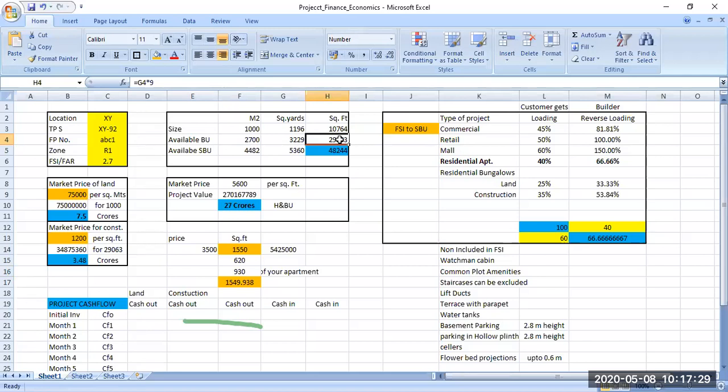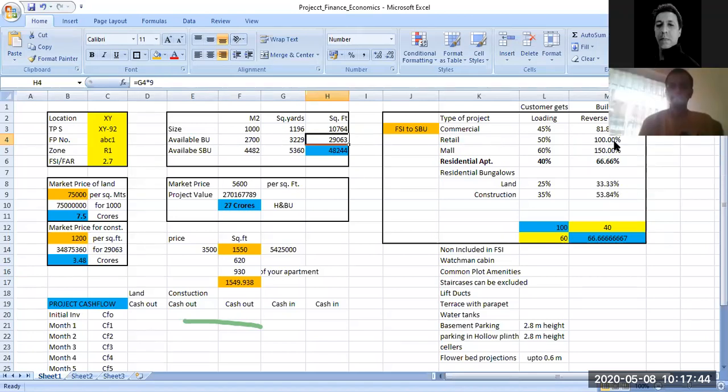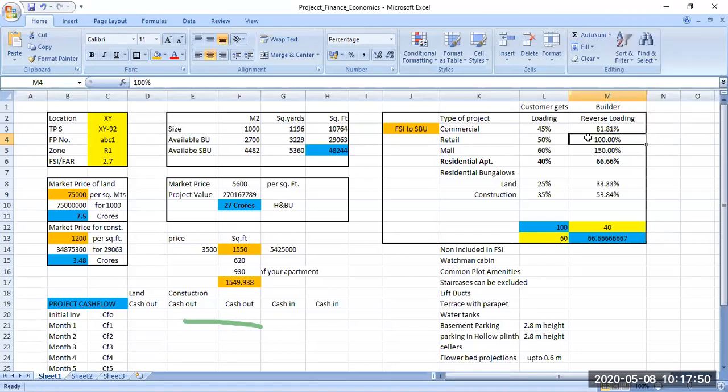Then you divide this into two parts, and one part you multiply by 1.66, which is the residential part, and the retail part you multiply by two, because you're doing 100% loading if you're doing a mixed project.